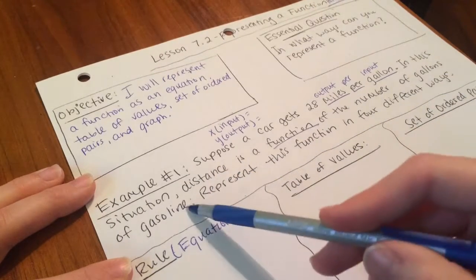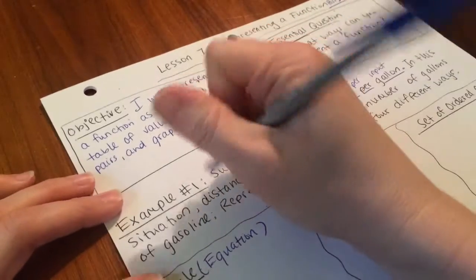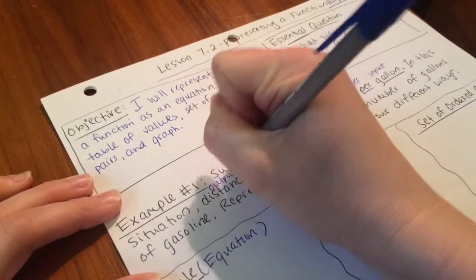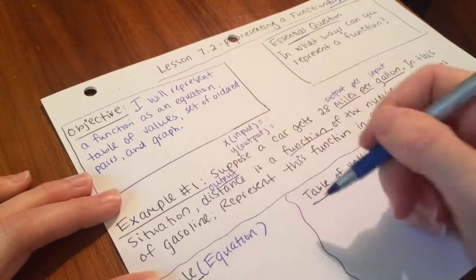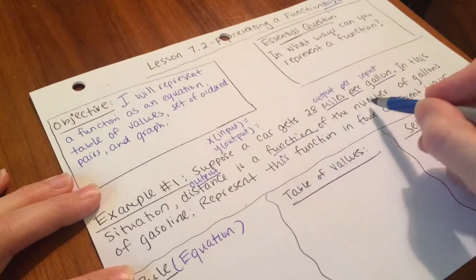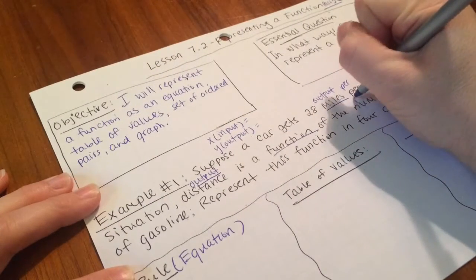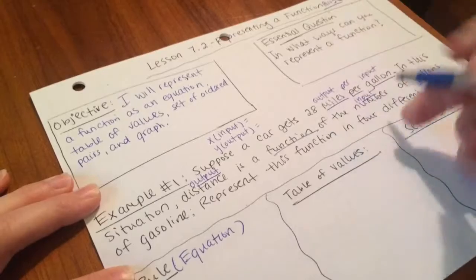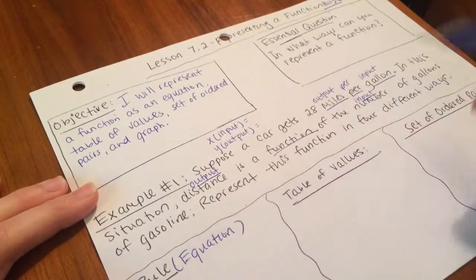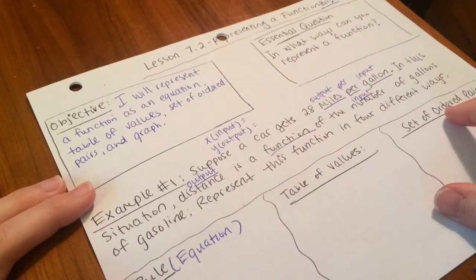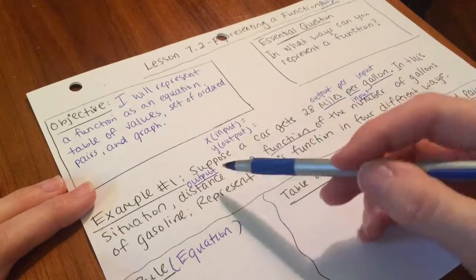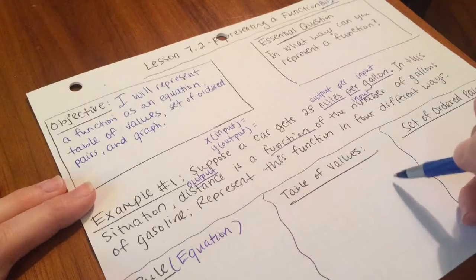Okay, another way to look at it is it says in this situation, distance is a function of the number of gallons of gasoline. It's always that the output is a function of the input, which in this case is the number of gallons of gasoline. Okay, because the output depends on the input.